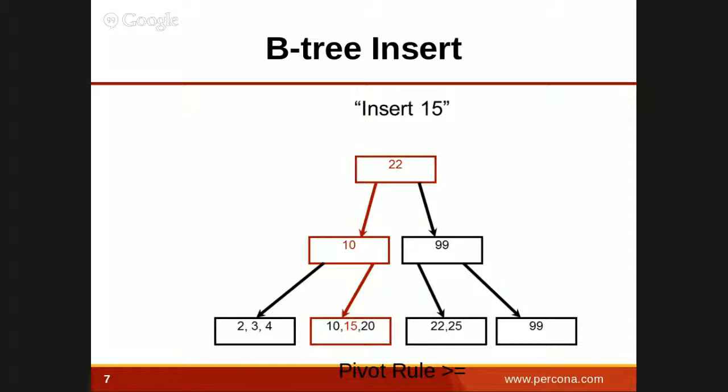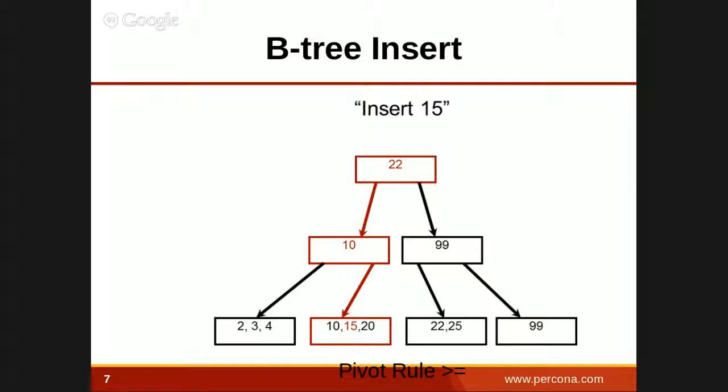So let's see what happens with a B-tree if we have a tree like this and we are looking to insert 15 into it. It will go down to the very bottom of the tree, the leaf nodes where data is stored.